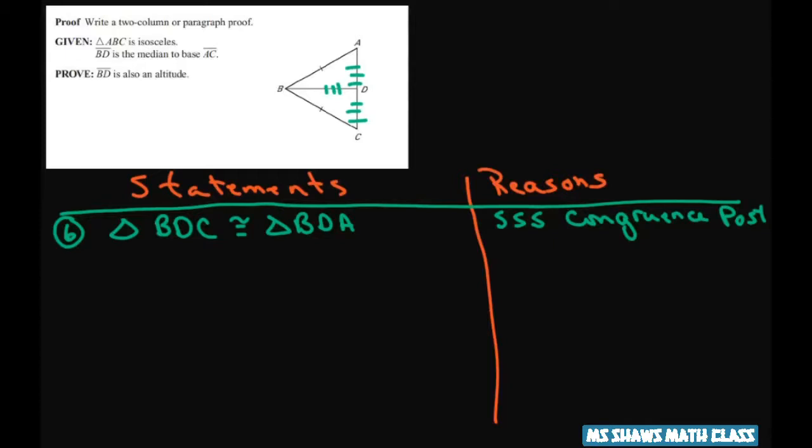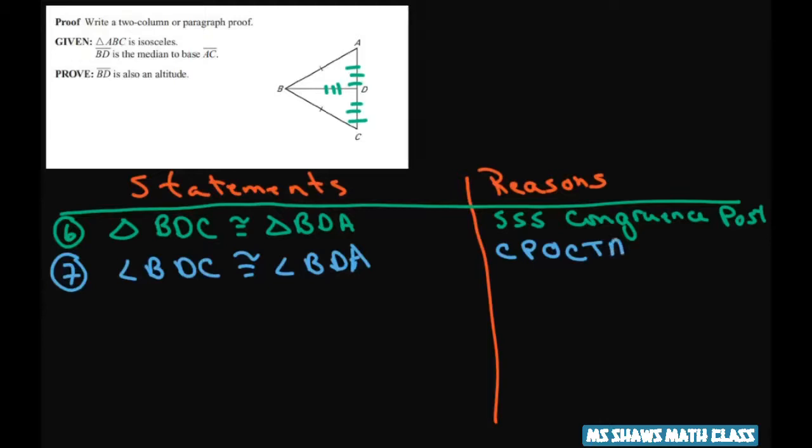Since the triangles are congruent, you can say these angles are congruent. You can say that angle BDC is congruent to angle BDA. And that's because if the triangles are congruent, the corresponding parts are. So the angles have to be congruent too. So that's corresponding parts of congruent triangles are congruent.